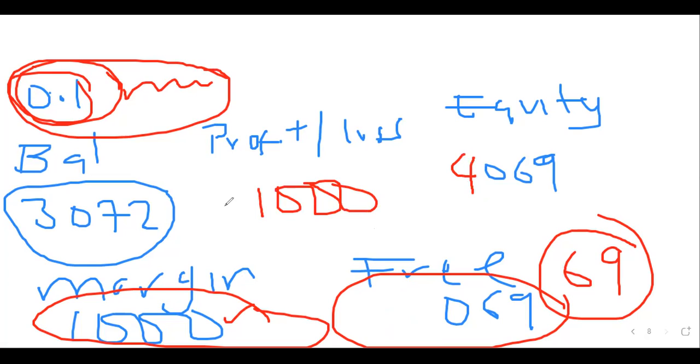Your margin rather stays the same. What will be your free margin? Any answer? I want to see how many persons are following. What will be your free margin? Any answer? Fastest finger. 3,069. Beautiful. Good one, Josh.